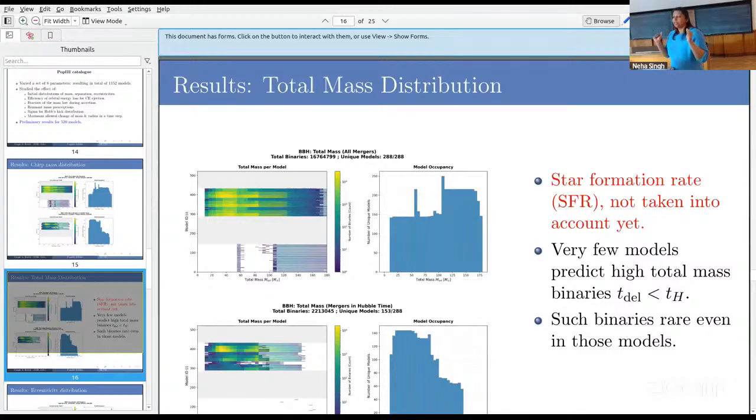So when I'm saying the Hubble time, it starts from the very beginning and goes to the end. If you apply the star formation rate, more of them will be removed from the category of what can be detected. We see that the heavy binaries, first of all, are formed by a few models, and these binaries are also very rare in those models.